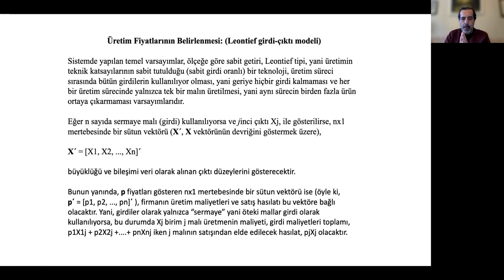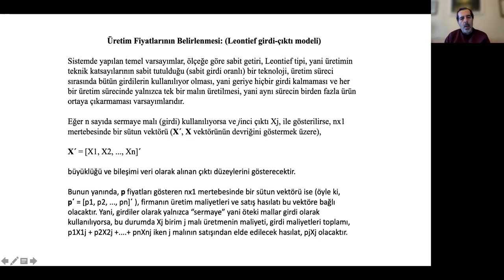So the prices of production, we said, are total cost prices, basically, right? This is a Sraffian or Leontief type model for the working of the economy in general. This is an input-output model. You may remember it from your math class.